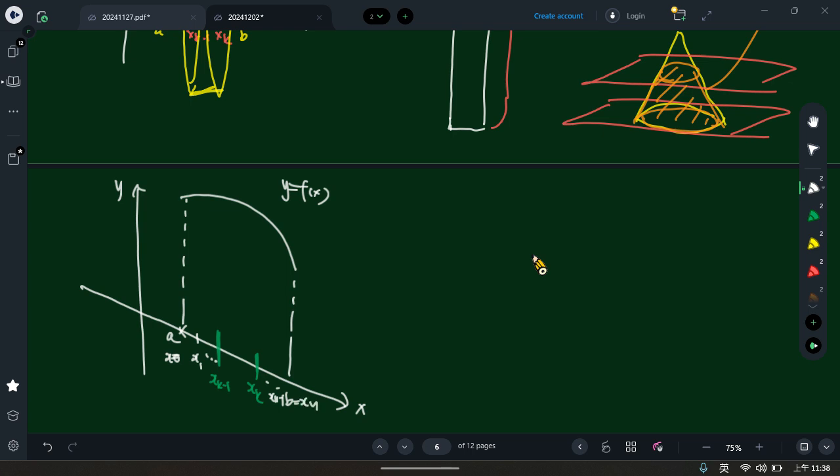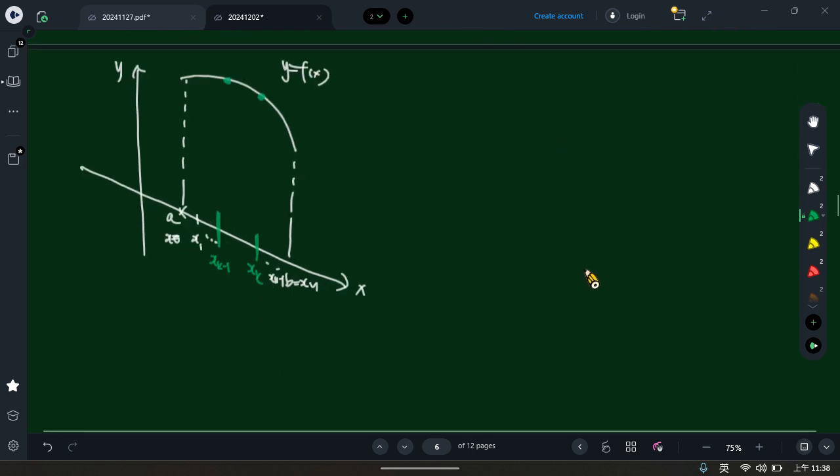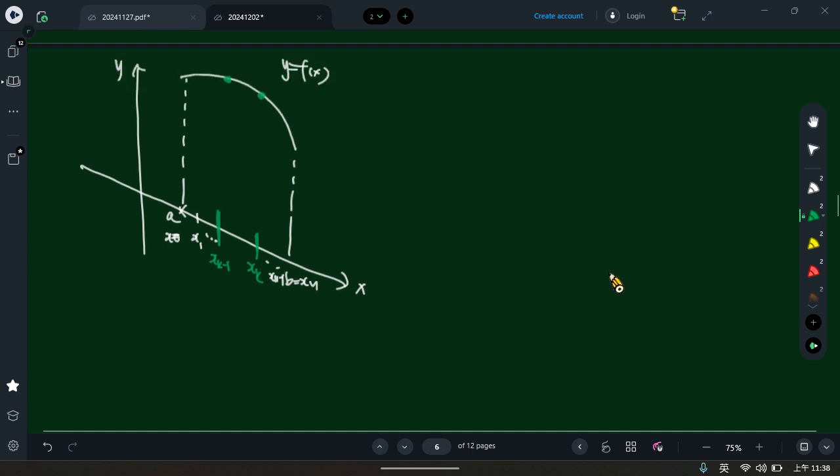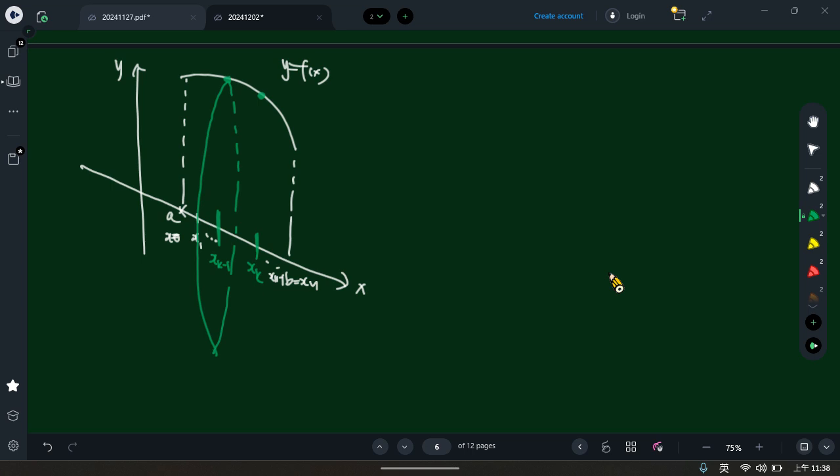So we just focus on these two ones, right? So using this, we can get the surface will be like this one, and this part will contribute this one, right?